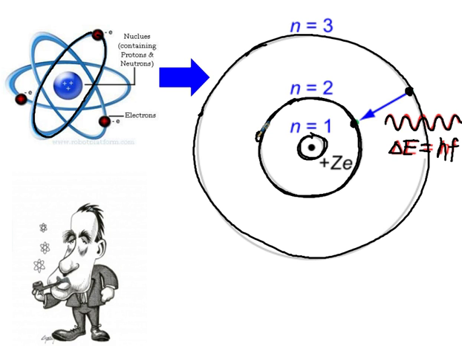If I have an electron on this second energy level, and a photon of light comes in and hits that electron, it can jump. As long as it has enough energy, it can jump up to this third energy level.